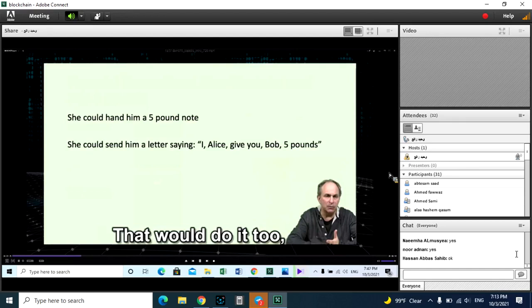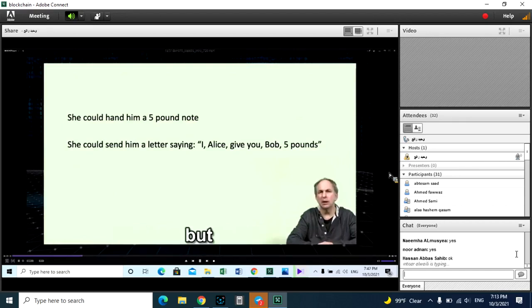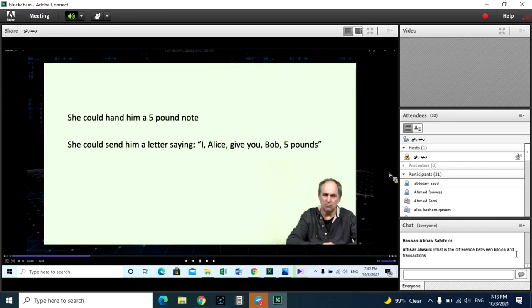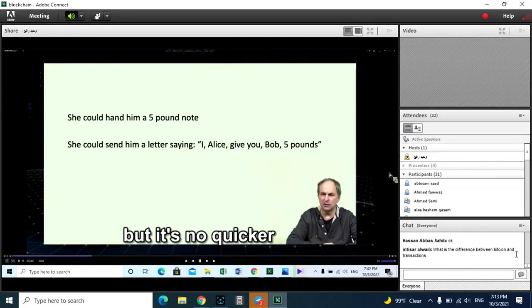She could also send him a letter saying, "I, Alice, give Bob £5." But it's no quicker, and for that to have effect, we need at least one other person or institution to be involved.